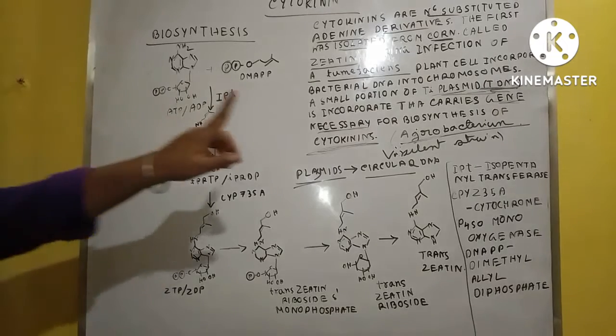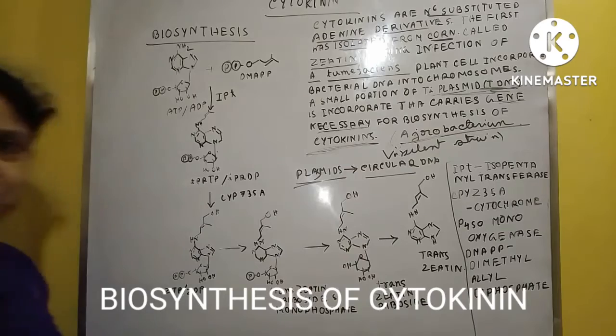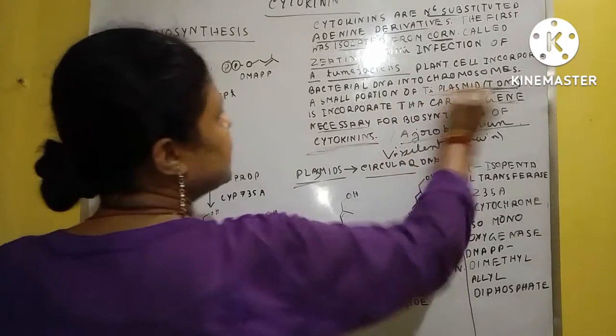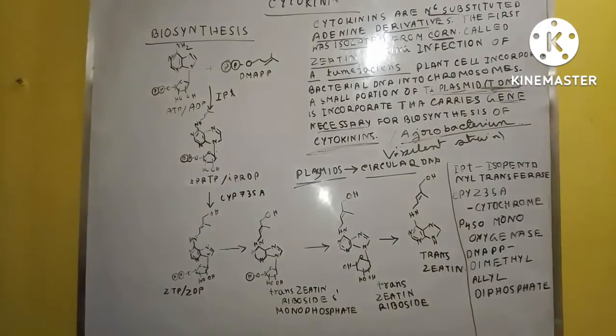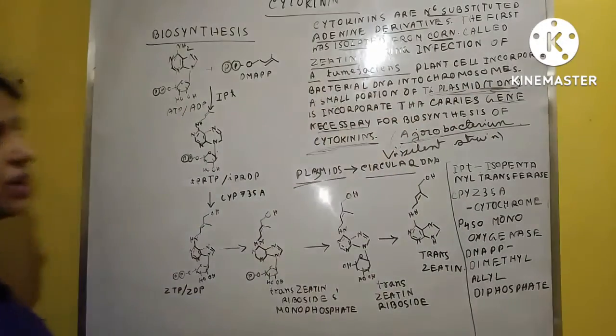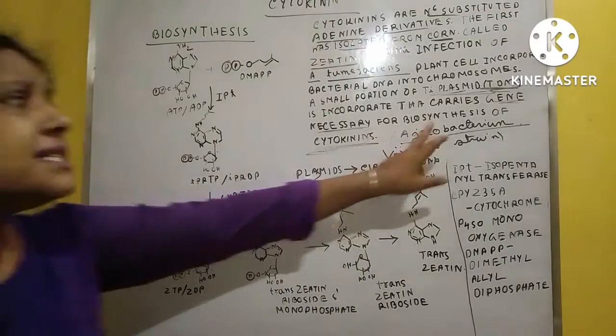Okay, and what is called the plasmid? The plasmid is the circular DNA that is present in the bacteria, and the Ti plasmid, that is called the tDNA, is very important, and it is from the A. tumefaciens, not the agrobacterium.